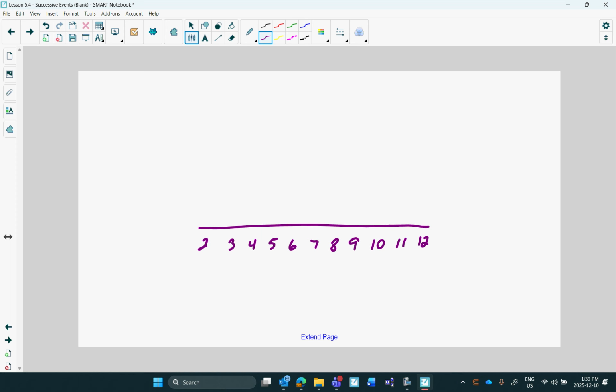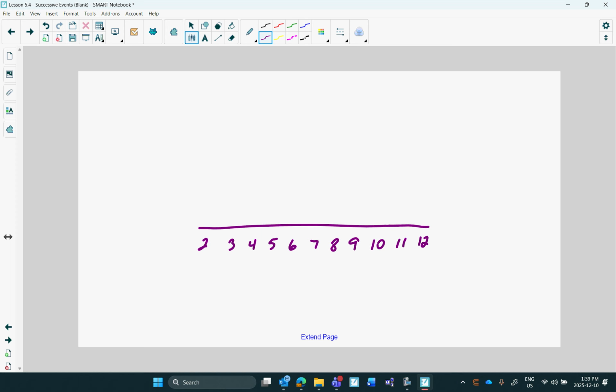By the way, when you roll a pair of dice, there's 36 possible outcomes. For the first die, you could get 1, 2, 3, 4, 5, 6, and for each of those, there's 6 possibilities for the second. So 6 times 6. There's only one way to get this, and only one way to get this.